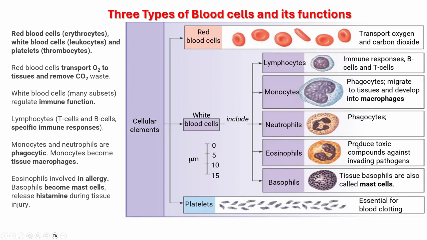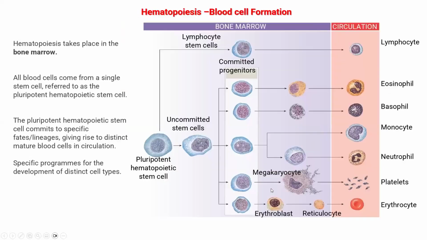Eosinophils produce toxic compounds against invading pathogens. And basophils, which are tissue basophils, are also called mast cells. As we just explained, each has a different function. Platelets are essential for blood clotting.